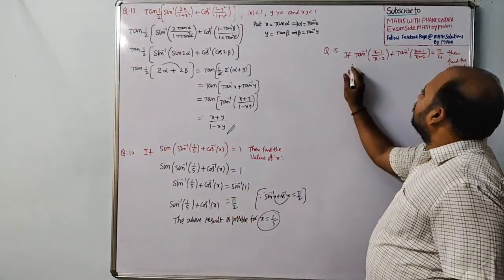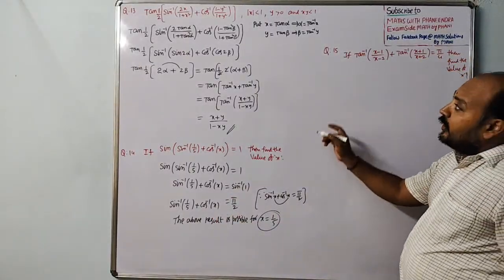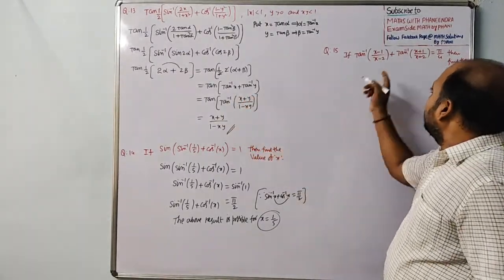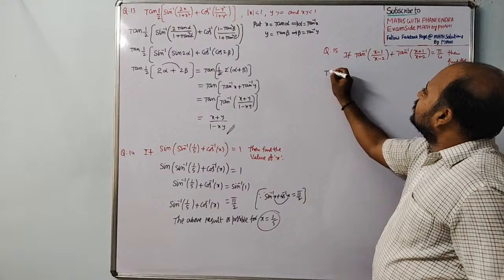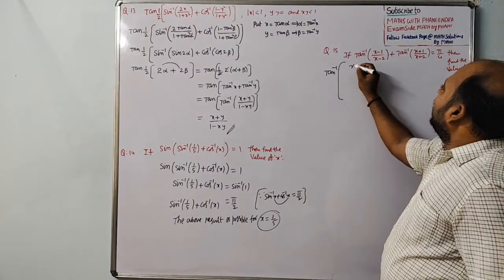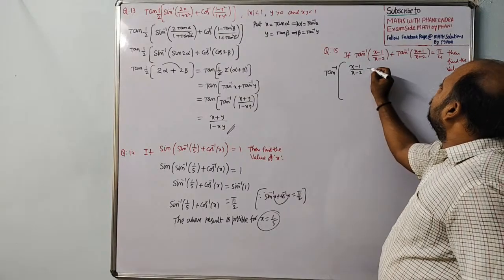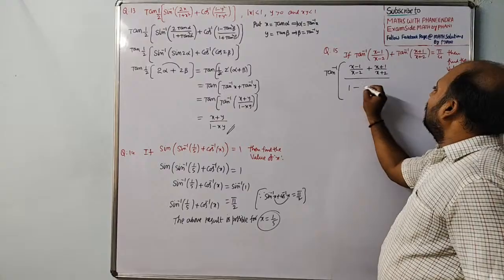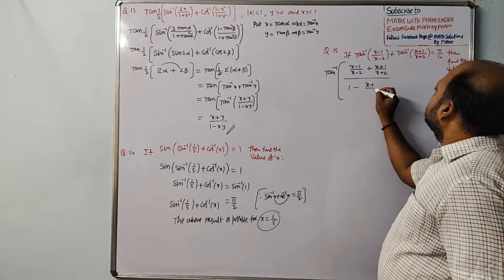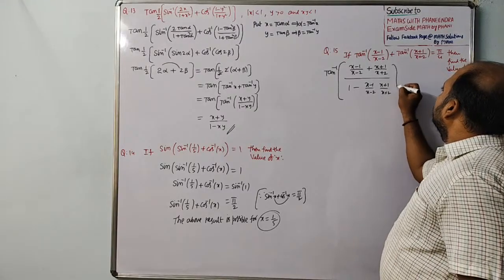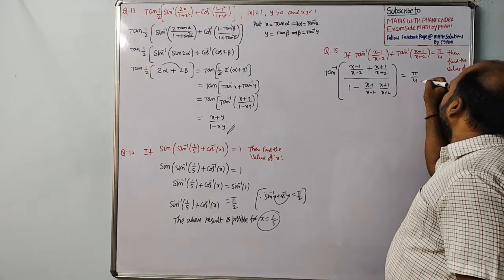We'll move to another question here. We already did the formula tan inverse x plus tan inverse y, tan inverse of x plus y by 1 minus xy. Even here also, tan inverse of x minus 1 by x minus 2 plus x plus 1 divided by x plus 2 by 1 minus x minus 1 by x minus 2 into x plus 1 by x plus 2 is equal to pi by 4.